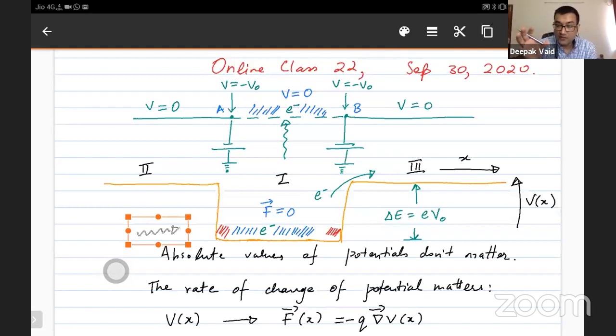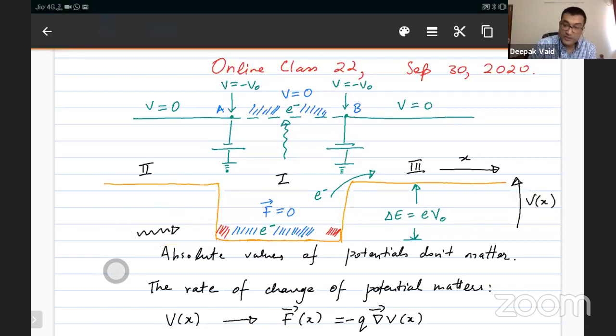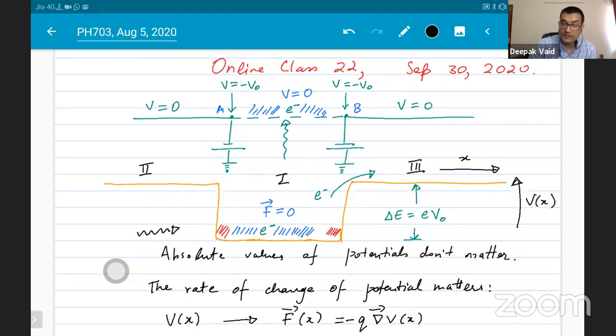So the potential energy of that electron will be changed, but it will only be affected during the period of interaction, for a finite amount of time. So the potential V of X will become a function of time during that period of interaction.